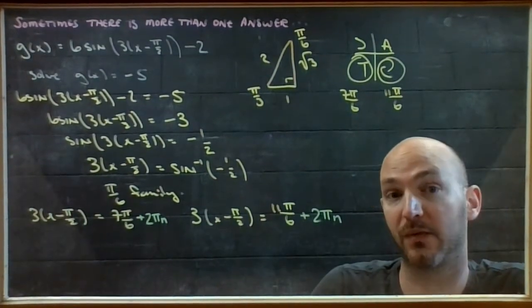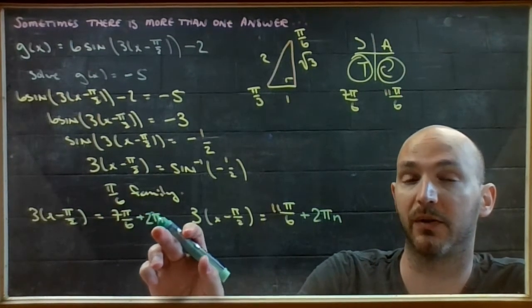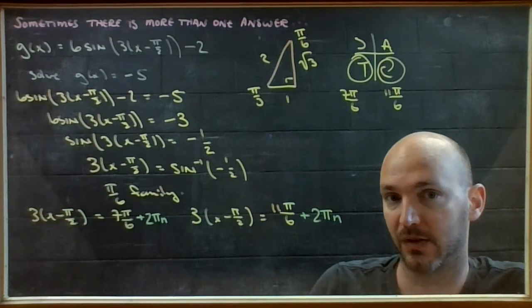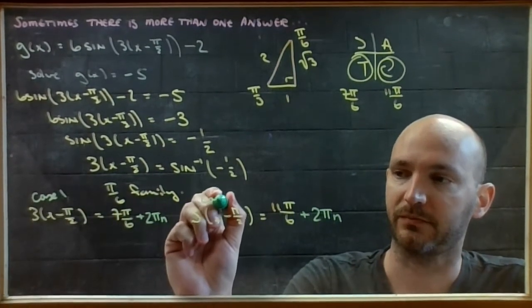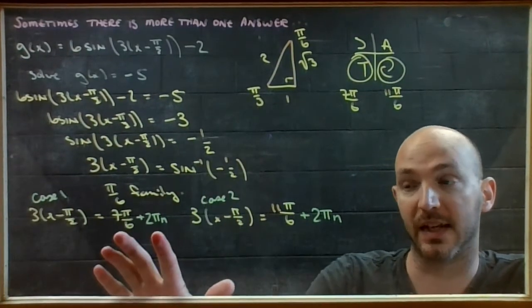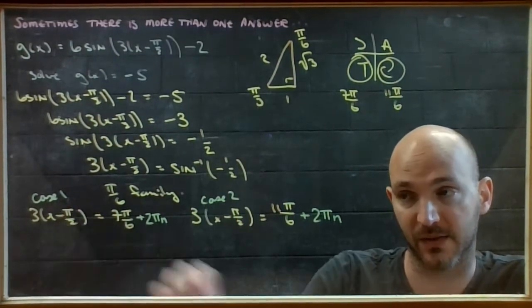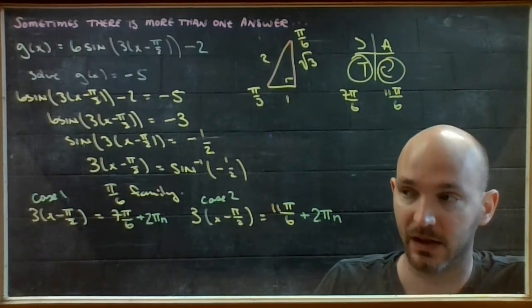And then it can be rotated another full circle and another full circle, an arbitrary number of full circles, and you would still get a valid solution. So case 1. Case 2. It turns out not only is there more than one answer, but there's an infinite set of answers under case 1 and another infinite set of answers under case 2.